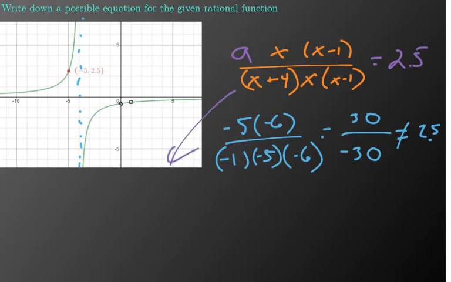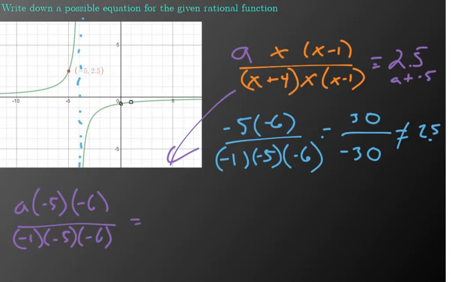So I'm going to pop down here. So it equals 2.5 at -5, right? So if I plug in -5, a lot of this is just repeated from what I just did. -1, -5, -6, and I want this to be 2.5, right?